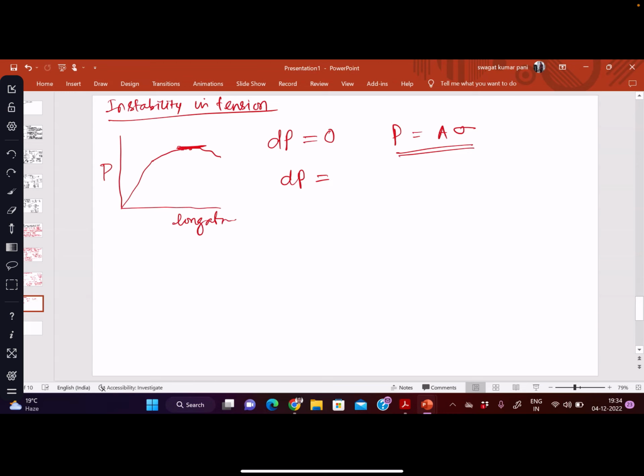So what is dP? We differentiate both: A d sigma plus sigma dA equal to 0 at maximum load. So this implies d sigma by sigma equals minus dA by A.